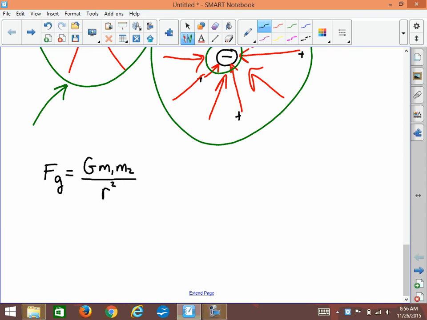And of course what this does is if you have a mass right here, say Earth or whatever, and you put another mass somewhere else, then this tells us what the force of gravity is between these two objects, if we know how far apart they are, right? And the big G is the universal gravitational constant.